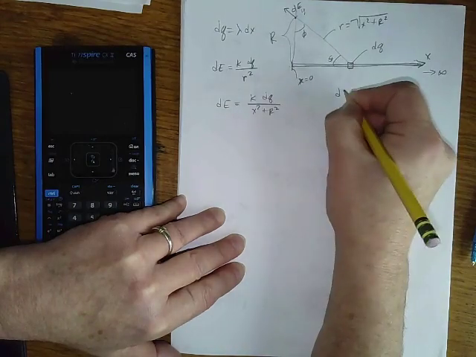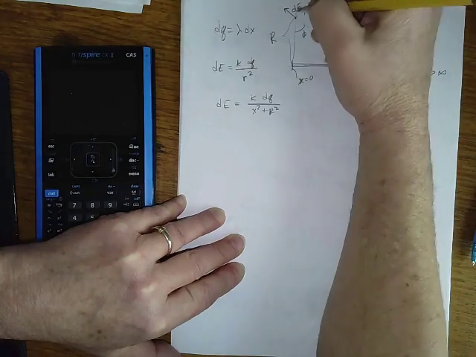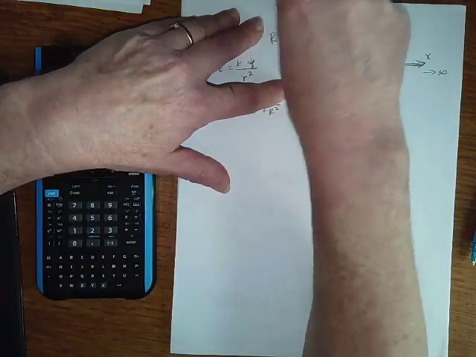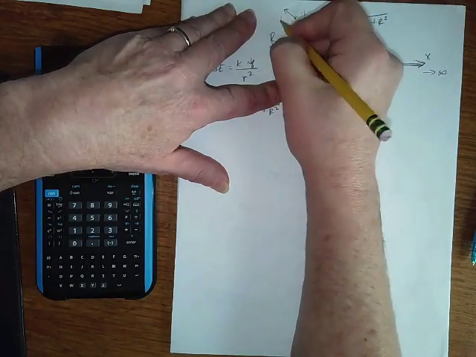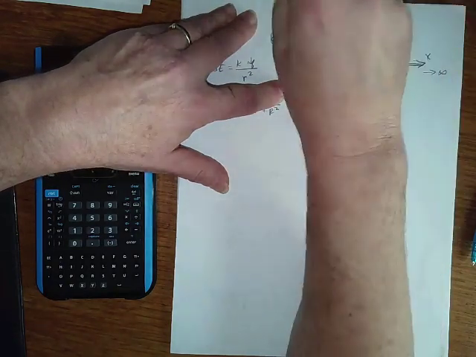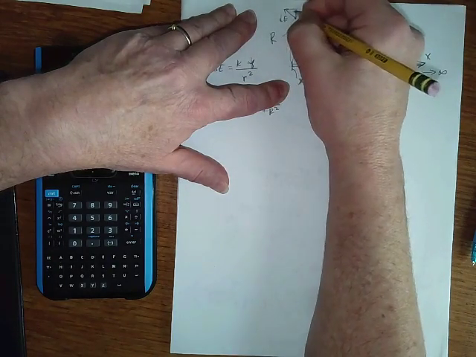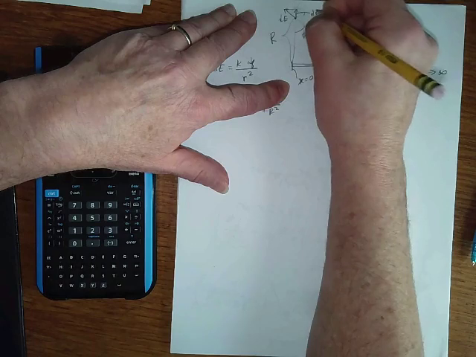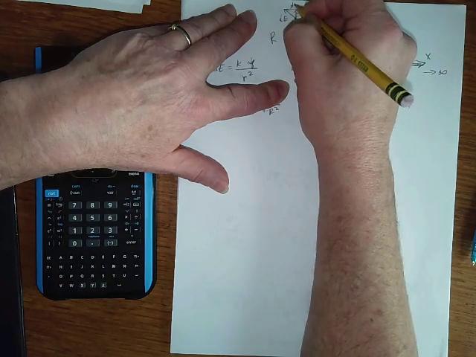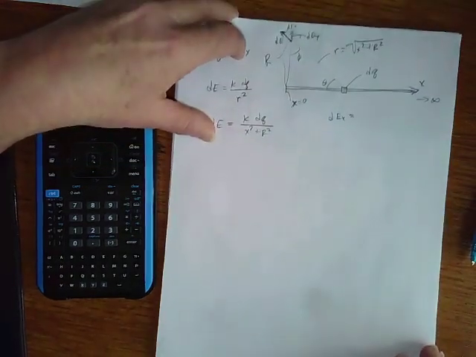Let's write these over here just to keep track of them. The little triangle up here, this will be dEy, and this one will be dEx. Added together, they make dE. Hopefully you can see that.